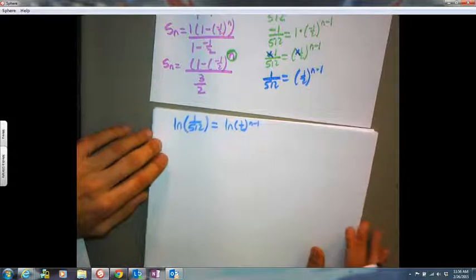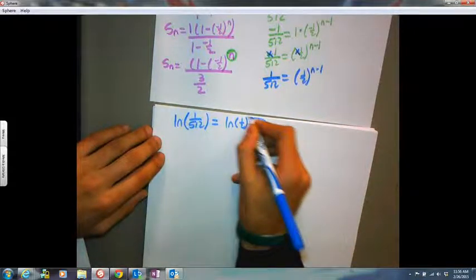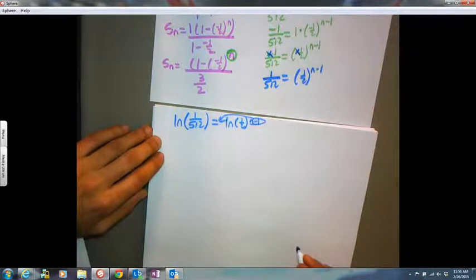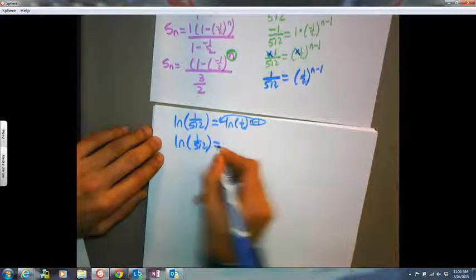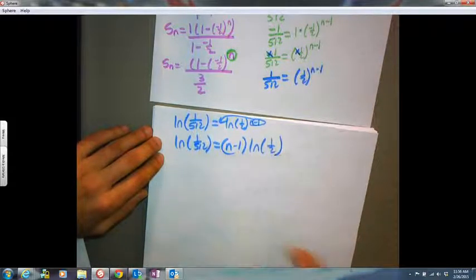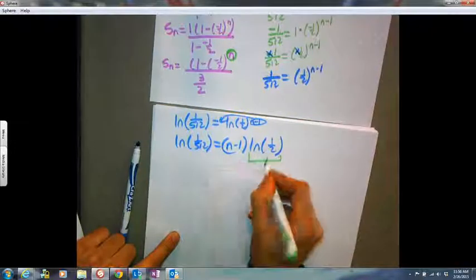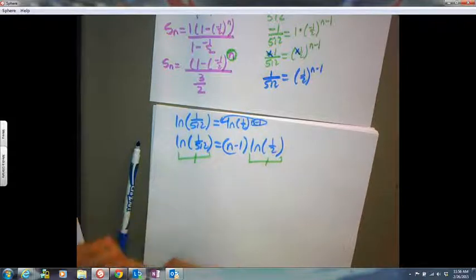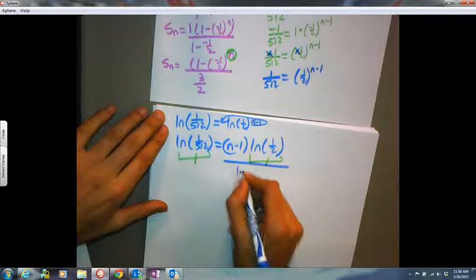This exponent comes downstairs in front. These are both numbers, so we can divide both sides by ln of 1/2. Remember, we're trying to solve for n.